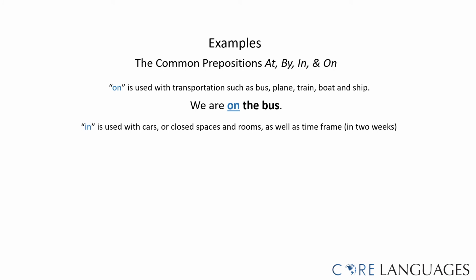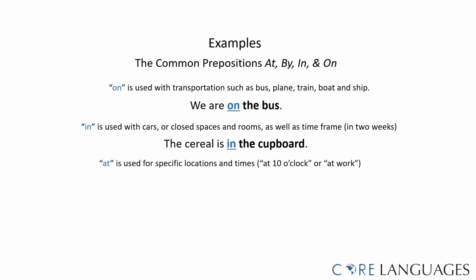In is used with cars, or closed spaces and rooms, but we can also use in for a time frame. For example, in 2 weeks. Or the cereal is in the cupboard. At is used for specific locations and times. For example, at 10 o'clock or at work. Or, are you staying at home this evening?